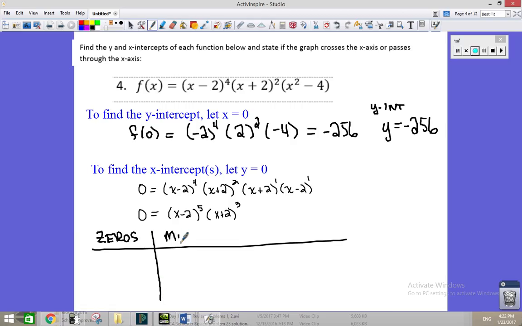The middle column is the multiplicity. It's going to be the exponent on each factor. And the last one is telling you about how the graph appears, whether your function crosses through the x-axis at that 0 or whether it does a touch and turn.